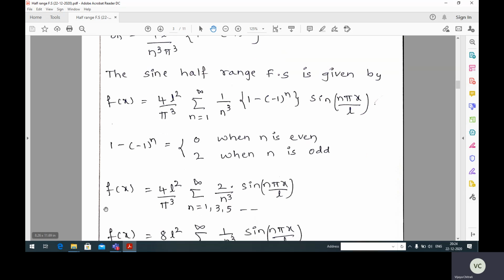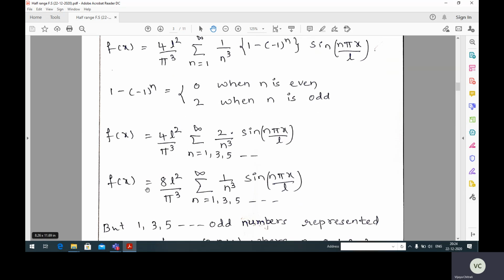So we can write f of x is equal to 4L square divided by pi cube summation, considering only odd terms because for even terms 1 minus (minus 1) raised to n is 0. So consider only odd terms, n is equal to 1, 3, 5 and so on, and you will get 1 minus (minus 1) raised to n is 2. So 2 divided by n cube into sine n pi x divided by L.